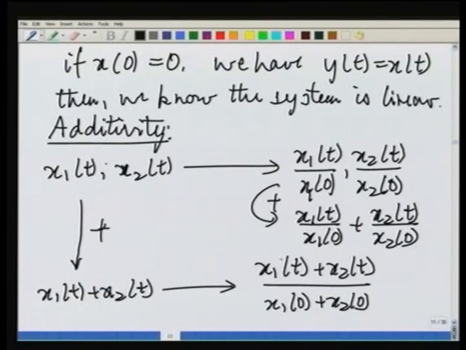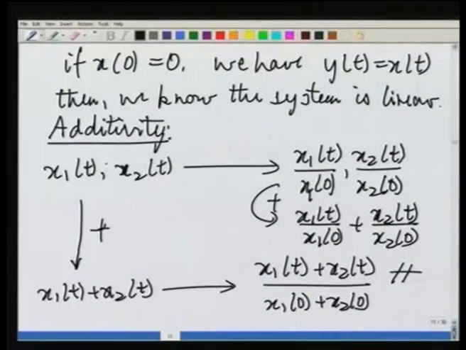Now, these two are definitely not equal to each other. So, again for signals where x(0) is non-zero, the system has proved to be non-additive, it is not additive, just like it was also not homogeneous.